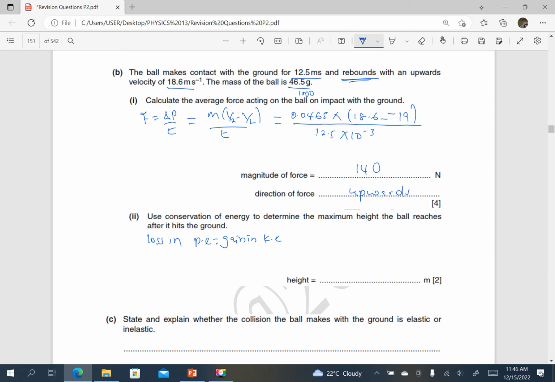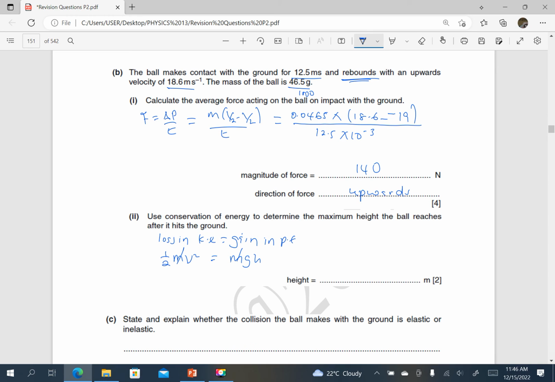The ball makes contact with the ground and rebounds. So let me do it the other way around. When it is moving upwards, it is losing kinetic energy. So the loss in kinetic energy is equal to the gain in potential energy. So that is going to be a half m v squared should be equal to m g h.